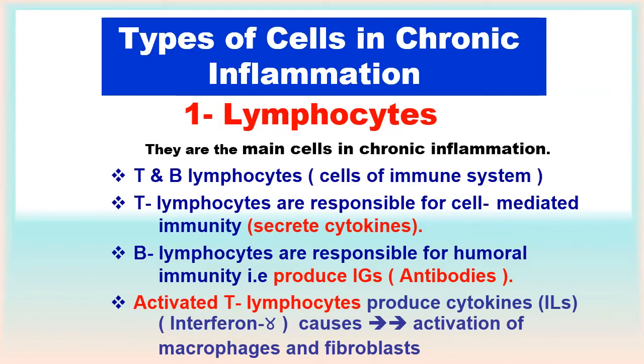Activated T lymphocytes produce cytokines such as interleukins and interferon gamma. And interferon gamma causes activation of macrophages and fibroblasts in chronic inflammation.